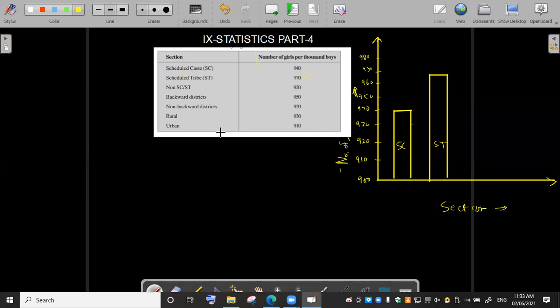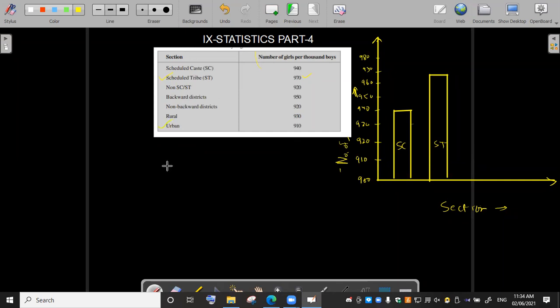Then for the other parts you can give the answer. The question they asked in the class was, discuss what conclusion can be derived from the graph. You can see that the number of girls per thousand is maximum in scheduled tribe, whereas minimum in urban.